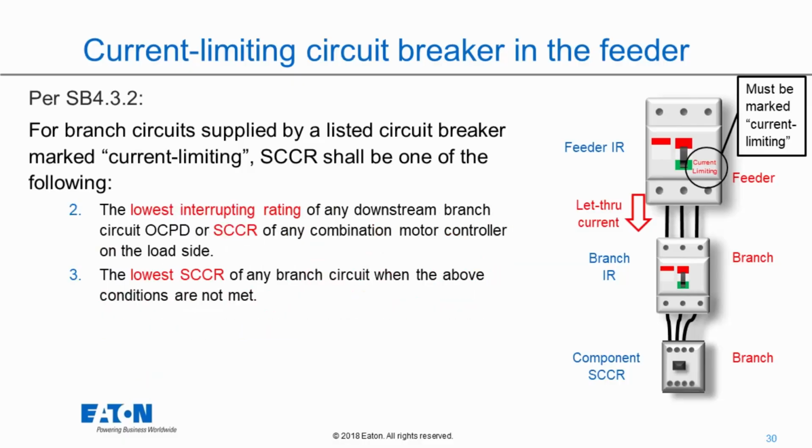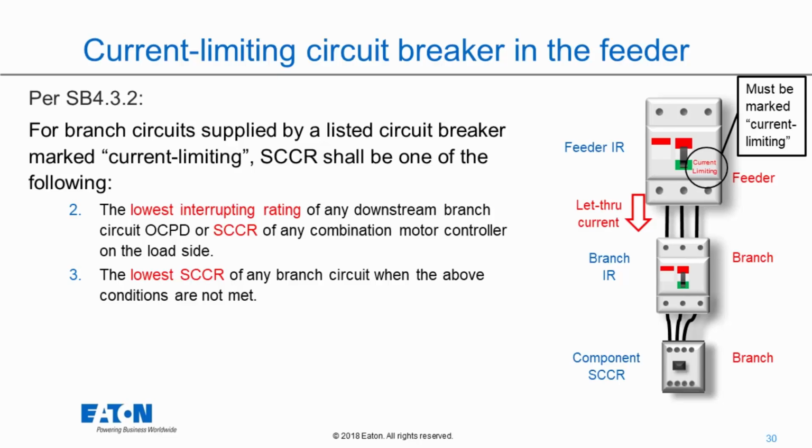Then we compare that, and if the let-through current is less than a component short circuit current rating, we can raise the short circuit current rating of that component, but very, very importantly, we cannot use that let-through current to raise a branch interrupting rating. The branch interrupting rating stays the same regardless of that let-through current.